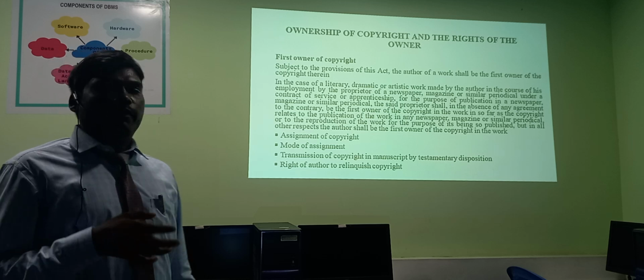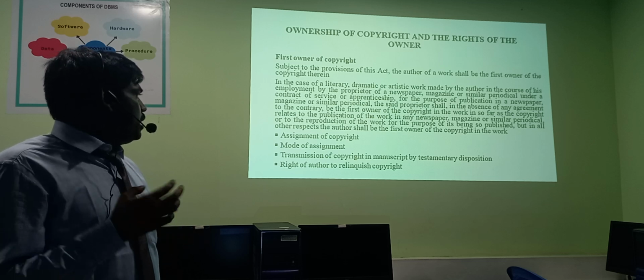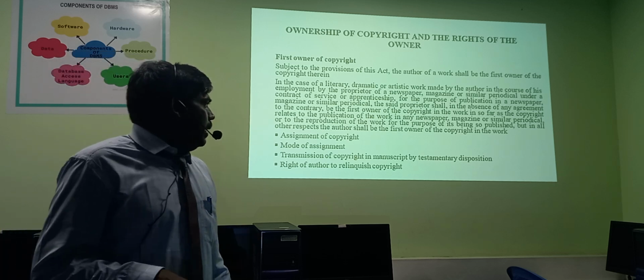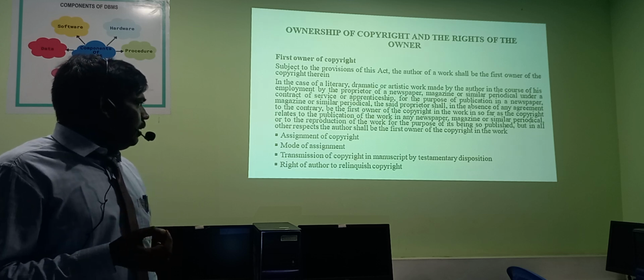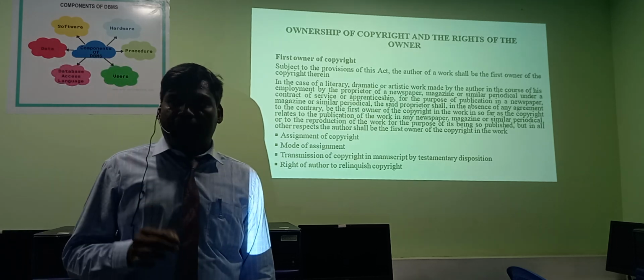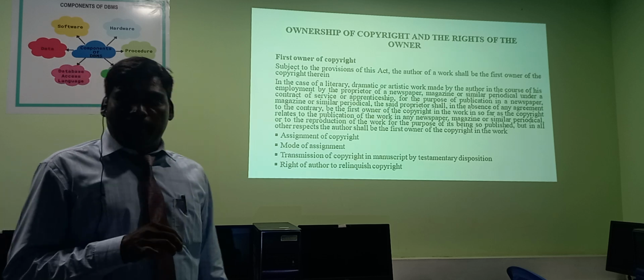That is assignment of the copyright, mode of assignment, transmission of the copyright in the manuscript, and testamentary disposition. The right of the author to relinquish copyright is one of the aspects of ownership of copyright under the Act.